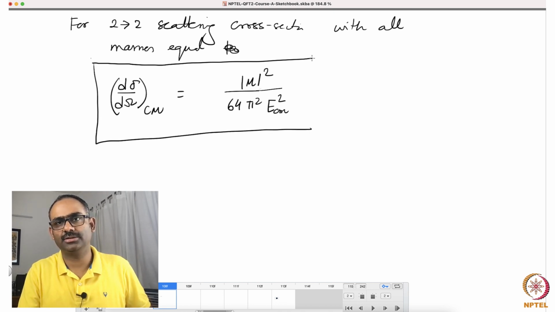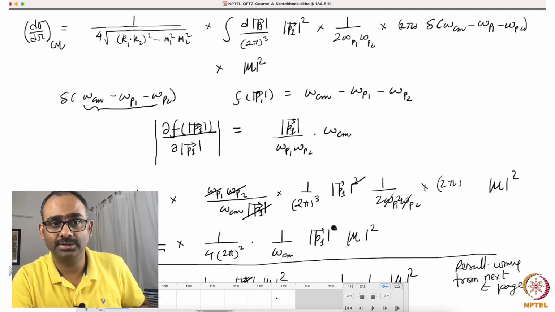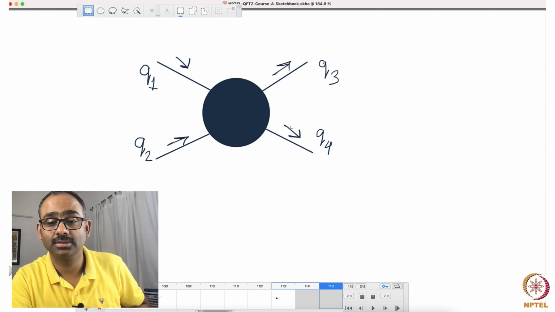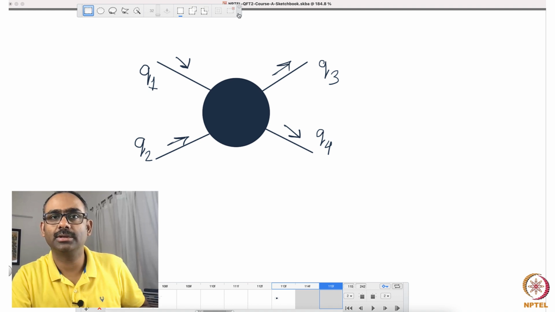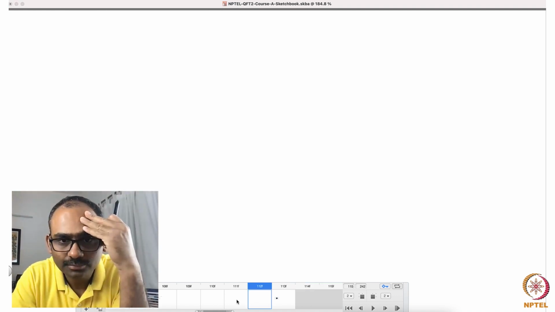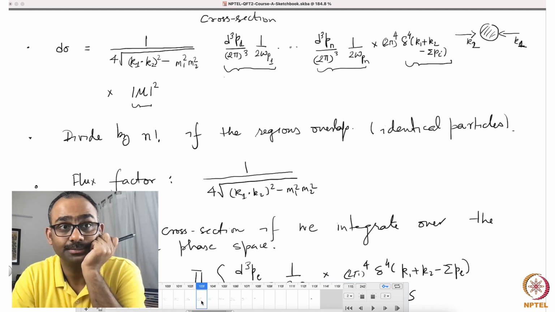And note that this one is not proportional to some delta function, as we had for the, okay, it's not behaving very properly. So for the case of one body, we had gotten a delta function.